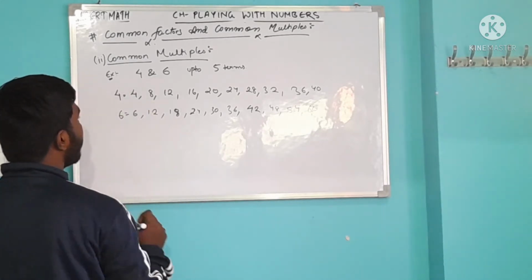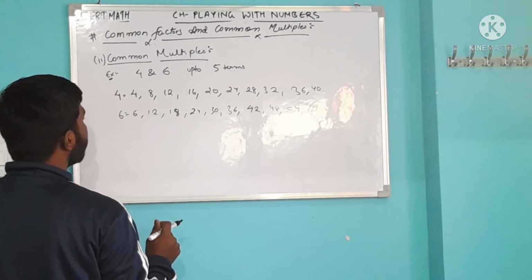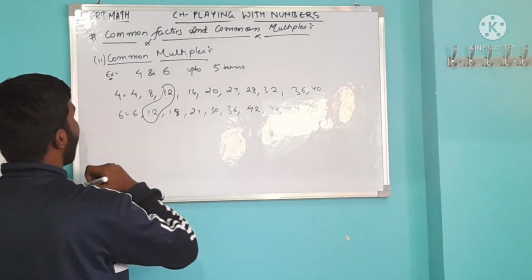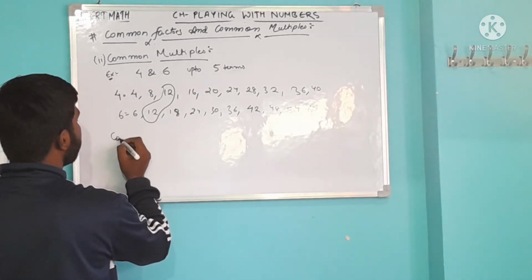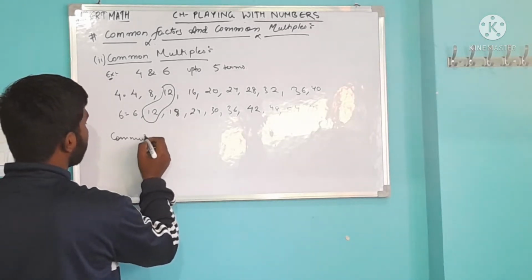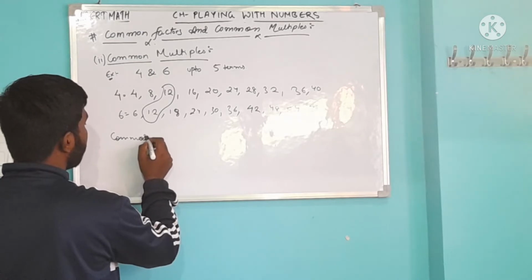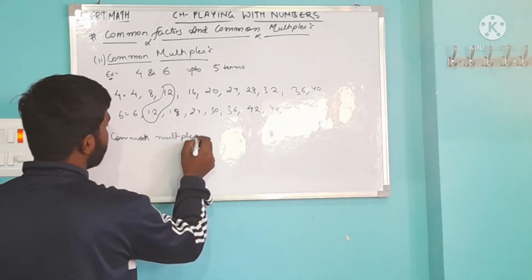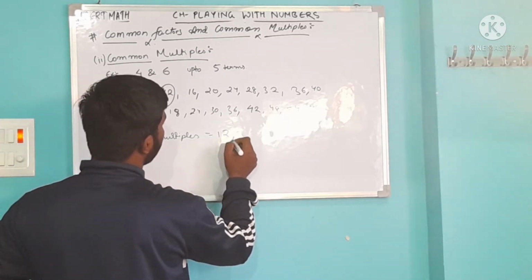From 4 and 6 we get our first common multiple as 12. So these are the common multiples, which will be first 12.